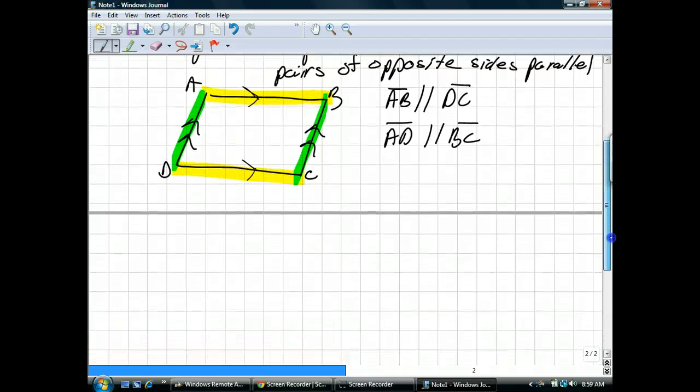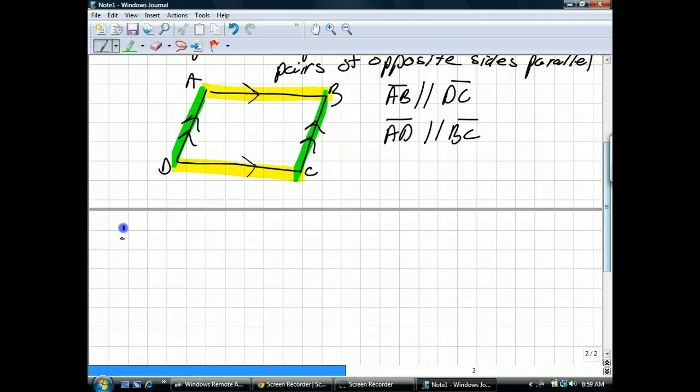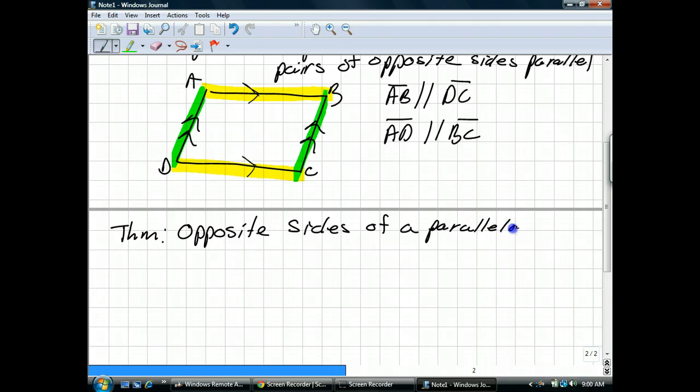Okay, then we have the theorems. So our first theorem says that opposite sides of a parallelogram are congruent. Opposite sides of a parallelogram are congruent.